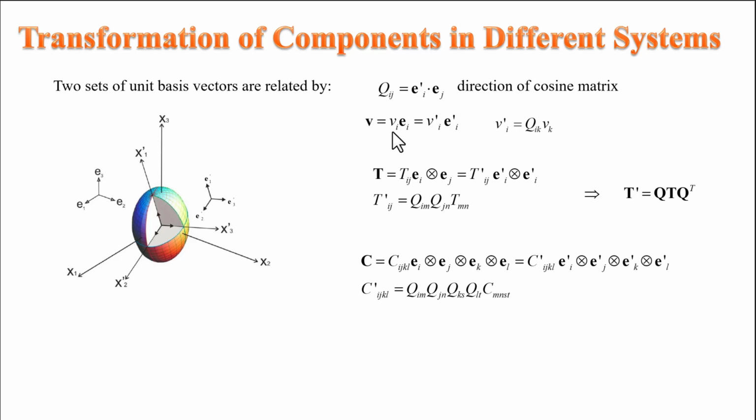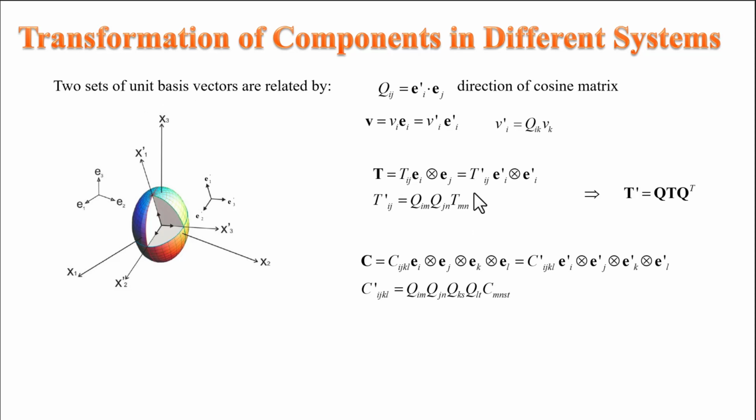The vector V has Cartesian components V_i. That V_i is specifically associated with e_i. If we choose a different set of unit-based vectors, the Cartesian components of the vector will be different. The same is true with tensors.